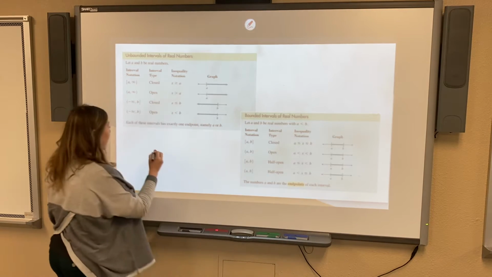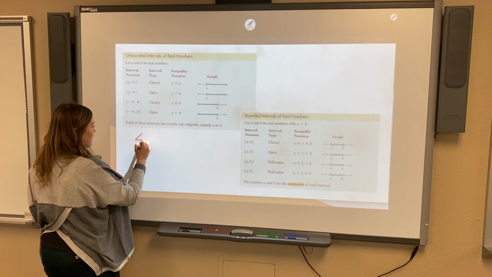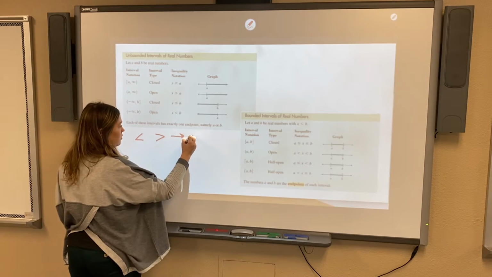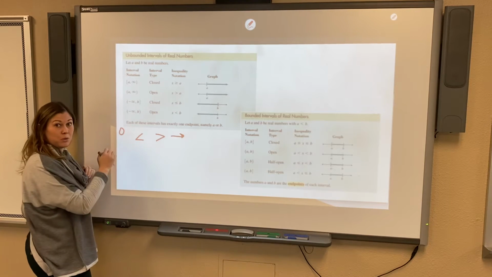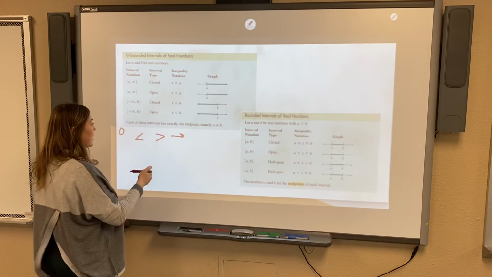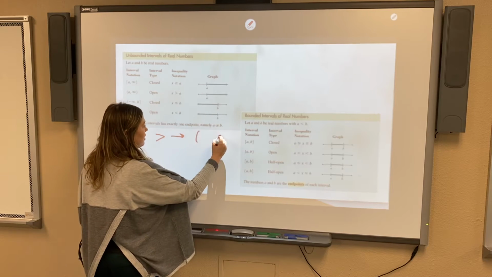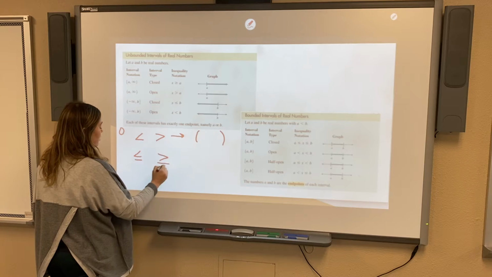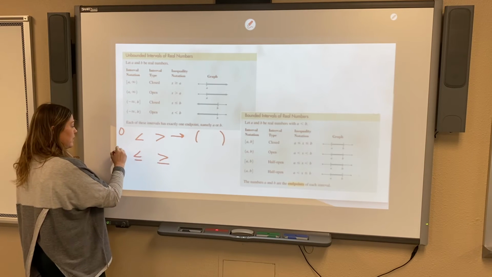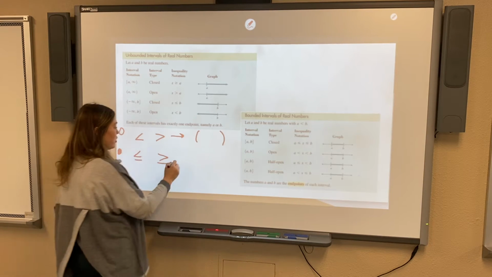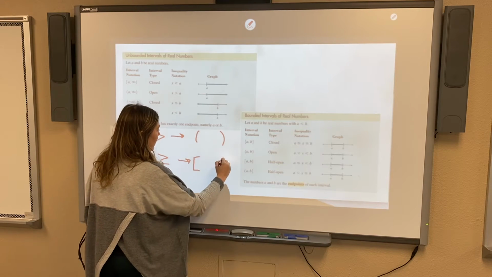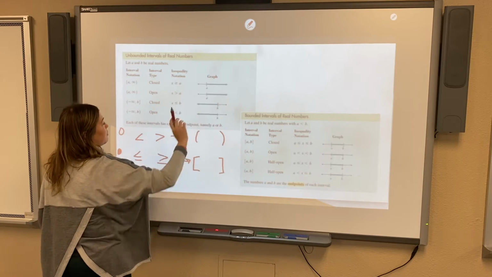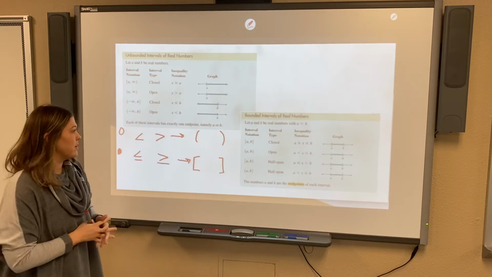Back in Algebra 1 and 2, a less than or greater than got an open circle. Now, going into pre-calc and trig, this would be a parentheses. If we had less than or equal to or greater than or equal to, we did closed circles, and now if they're included, we have brackets. So brackets are the or equal to, and parentheses are just the less than or greater than.